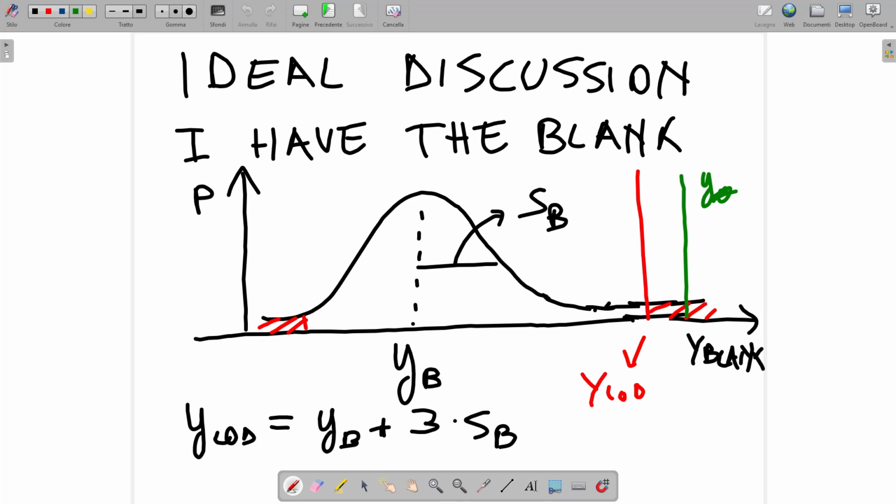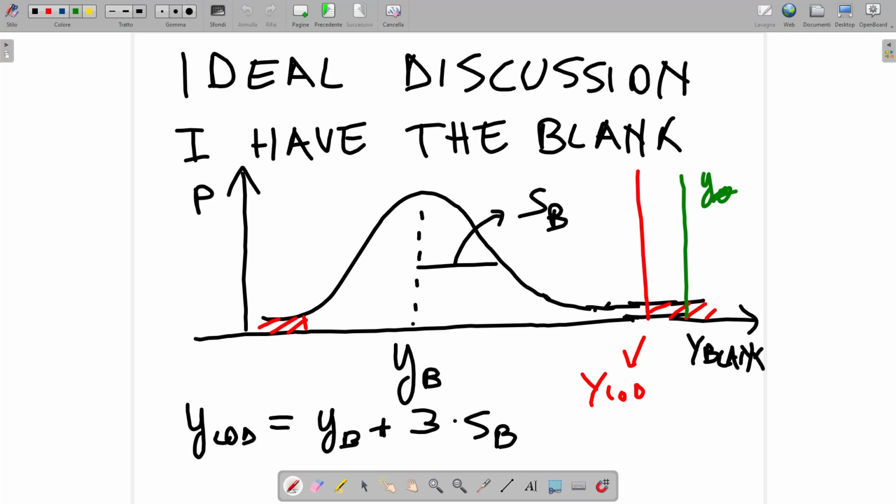I can understand the connection. Why do we choose a low risk to assess that Y LOD is significantly different? I did not explain that. We want a low risk to say that the analyte is present while it was not true.